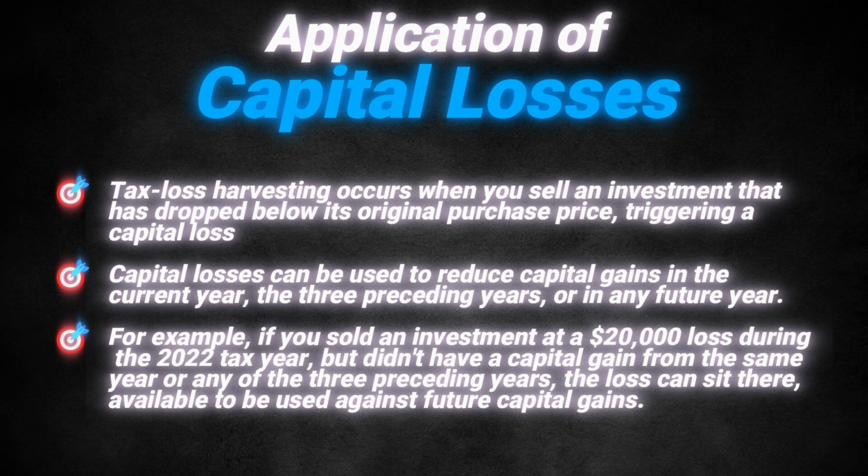So applying capital losses is another strategy to reduce your overall taxes. This strategy is also called tax loss harvesting. So let's assume you have some property that has dropped below the value that you had purchased it for, you can sell it at a loss and use it in future years to reduce your capital gains.